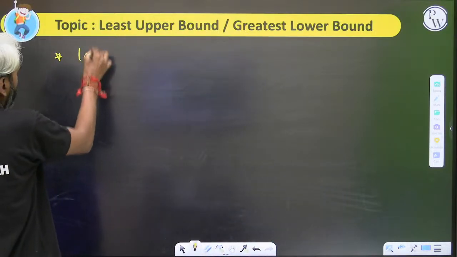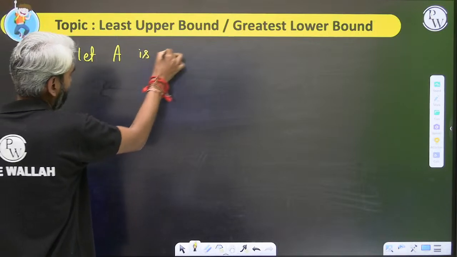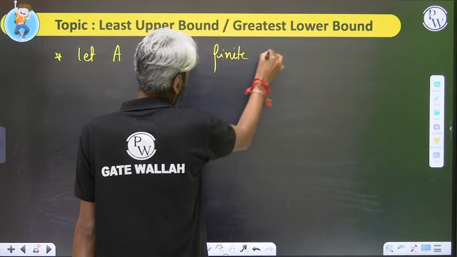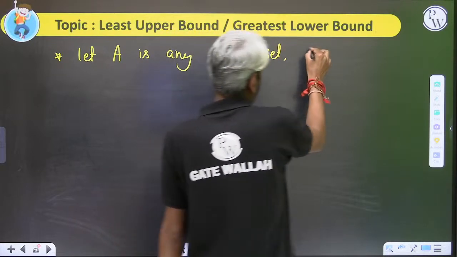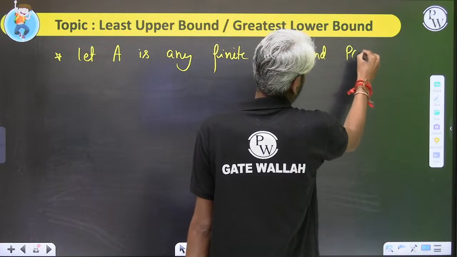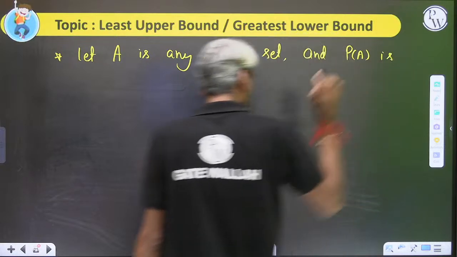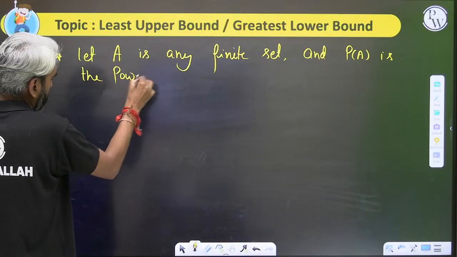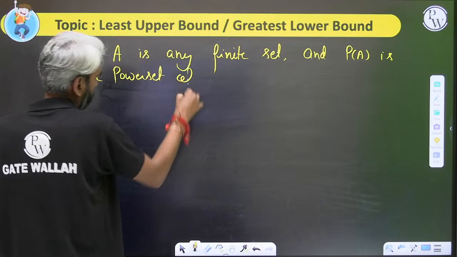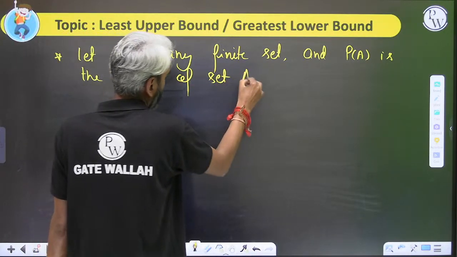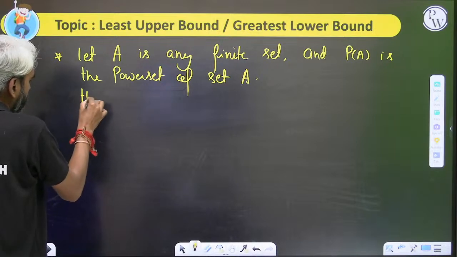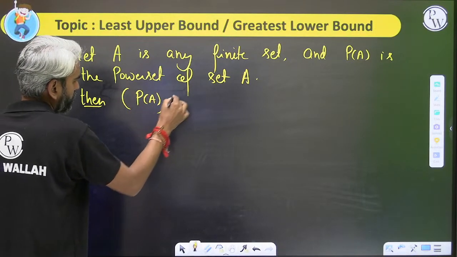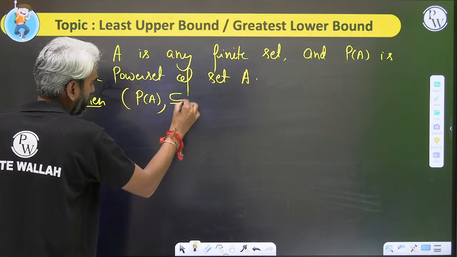Let A be any finite set. Look at this carefully. Let A be any finite set and P(A) is the power set of set A. Then the power set of set A with respect to the relation subset or equal, it is not less than.